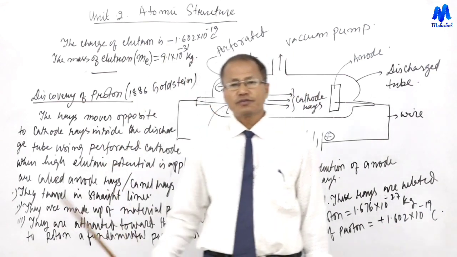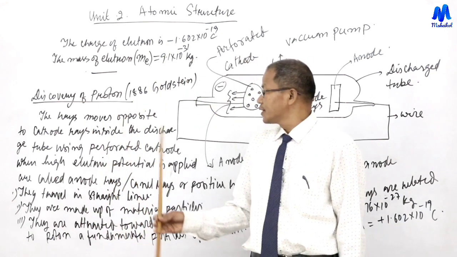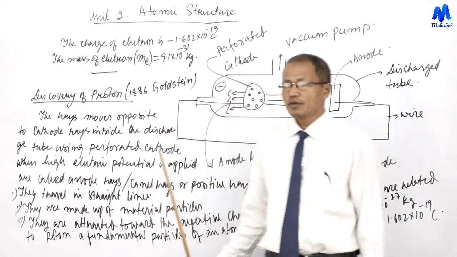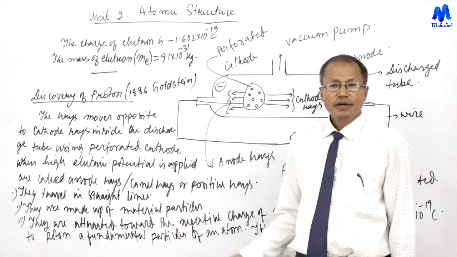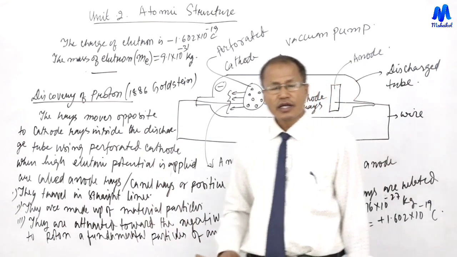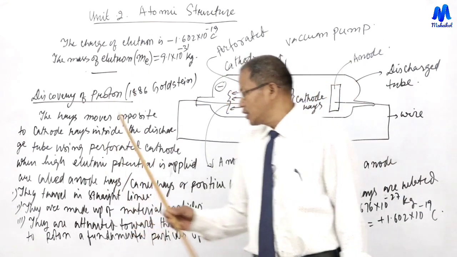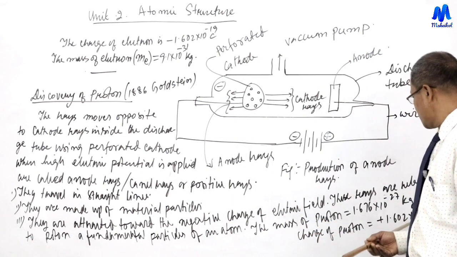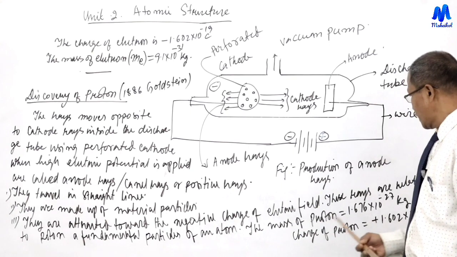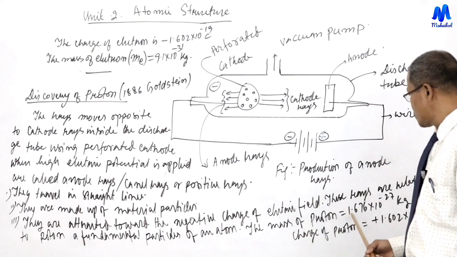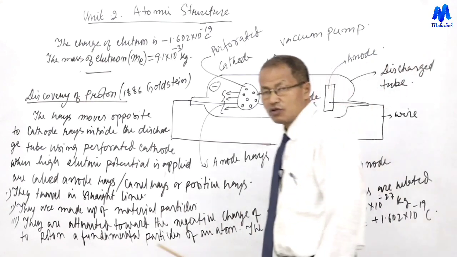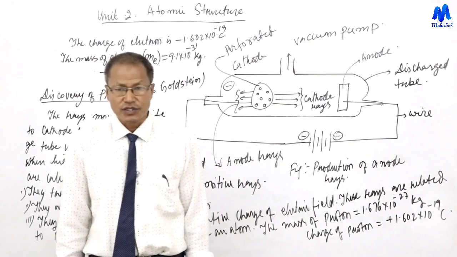So the positively charged particles streaming in a perforated cathode inside the discharge tube are known as the proton. The proton is a fundamental particle of an atom, and it carries the charge of plus 1.602 into 10 power minus 19, and the mass of the proton is 1.676 into 10 to the power minus 27 kg.